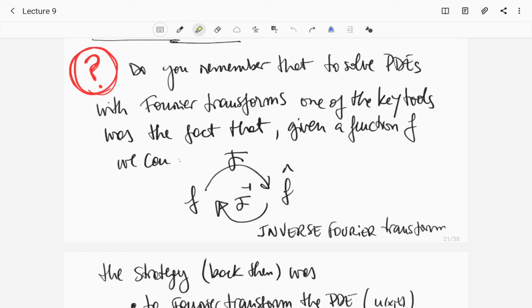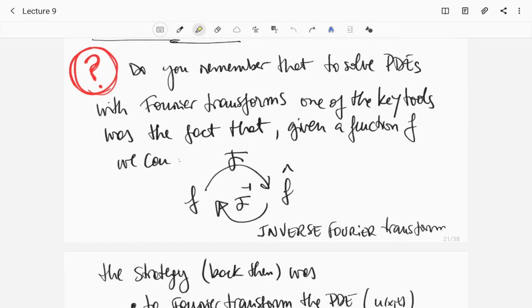We will have an equation, we will transform the equation, so we get a new one that should be easier than the original one. Then we solve that second equation, the transformed equation, but then we are not really interested in the transformed solution.